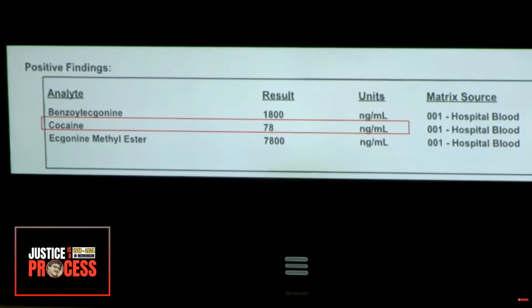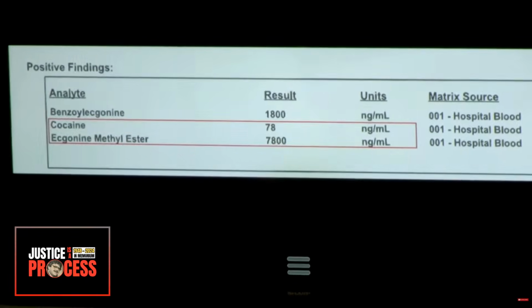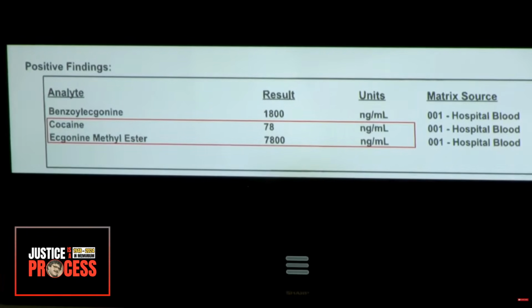If you could continue, you were explaining that the ecgonine methyl ester was most likely the parent cocaine. Can you describe what you mean by that? So like I mentioned, cocaine is about the only drug that does this, where the enzymes in the blood can continue to break it down after death.